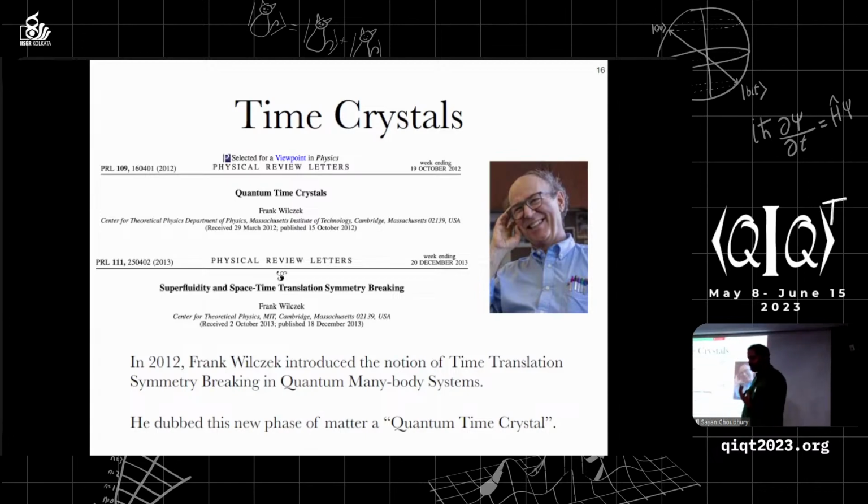And so for instance, if you have a system whose, let's say, equilibrium state or ground state is something which is perpetually moving, okay, so that would be something where the continuous time symmetry is broken. So Frank Wilczek introduced this idea, and he called this system, in analogy with space crystals, as time crystals.